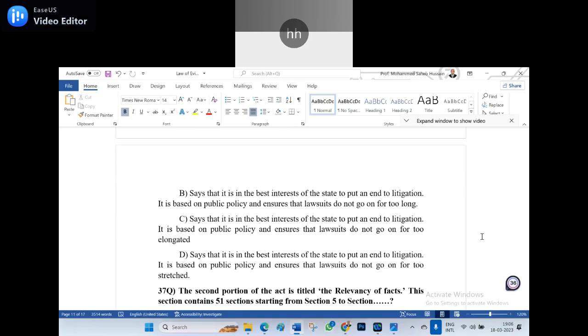If you have heard, seen or read this maxim, you can easily make out that B is the right answer. That is, don't go for too long. Is it clear? Say yes. Yes, sir.